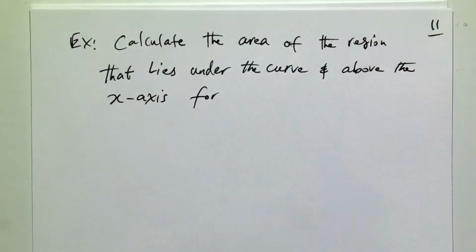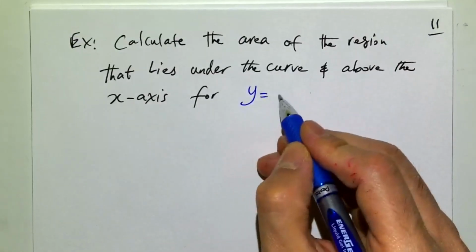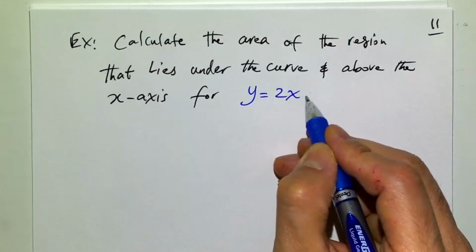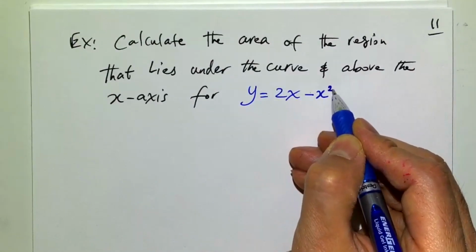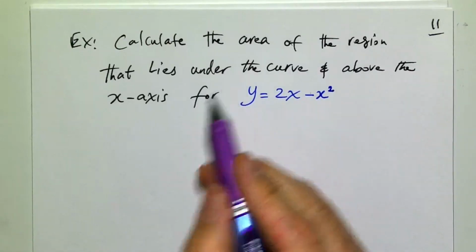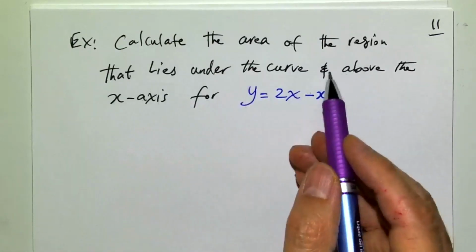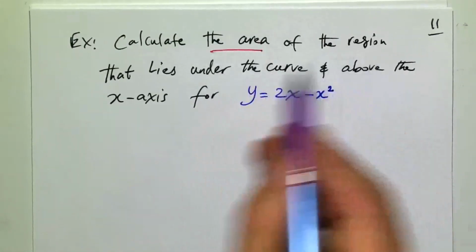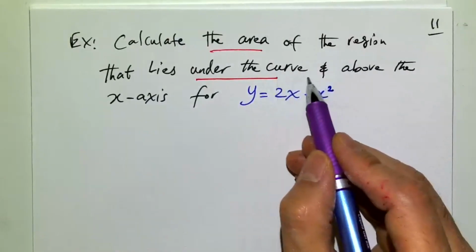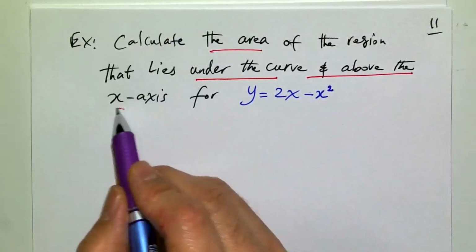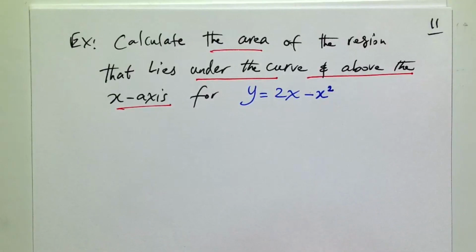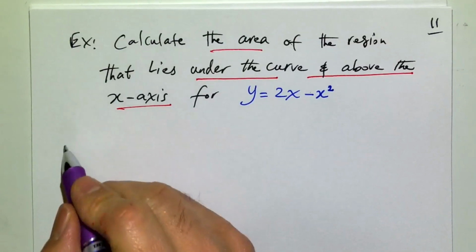For this function, y equals 2x minus x squared. Really, the key here is what they're asking: the area of the region that lies under the curve but above the x-axis. Those are really critical things to note there.